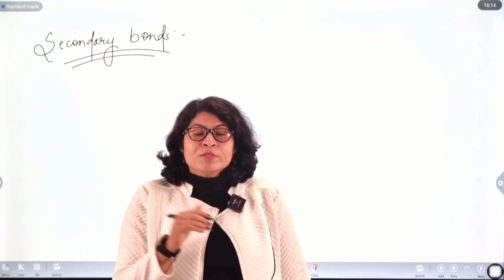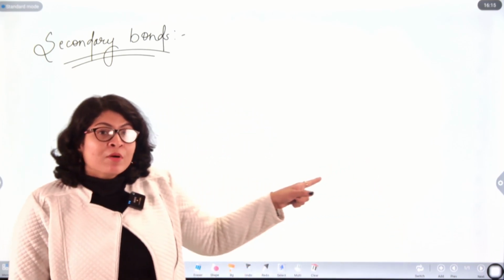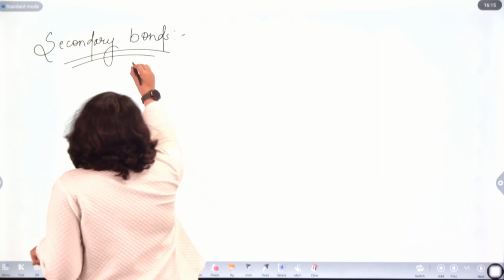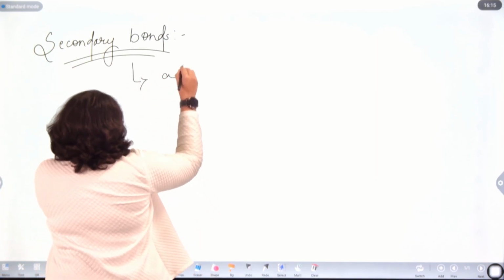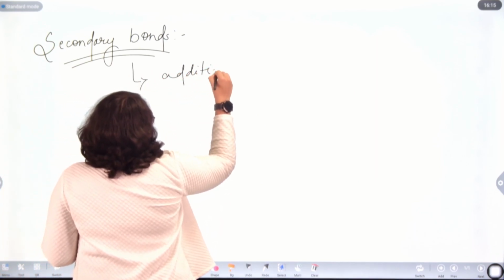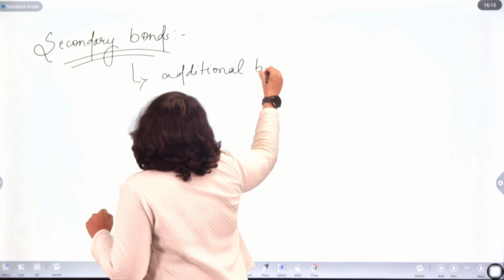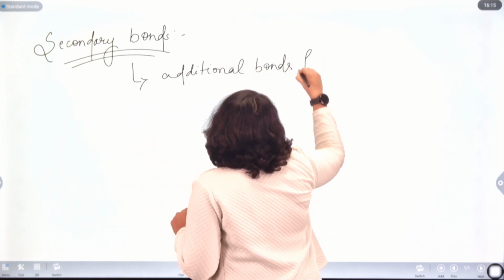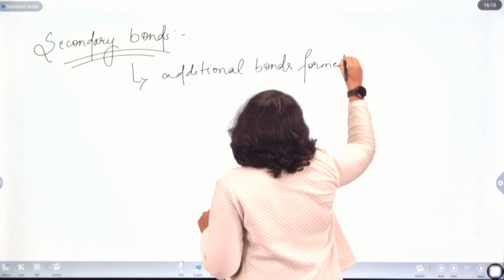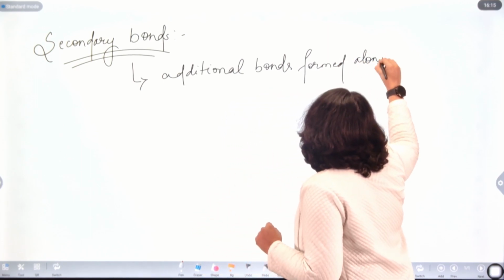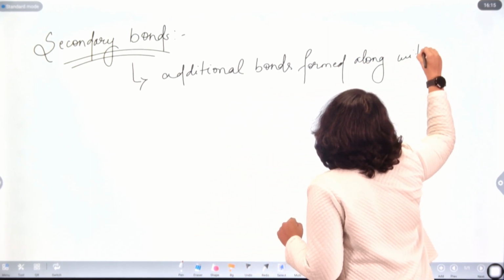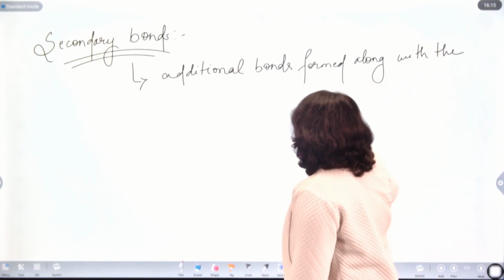Now, if I move on to secondary bonds, these are the additional bonds formed along with the primary bond.